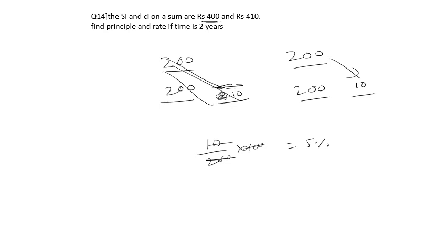Rate is 5%. If this is 5%, then principal would be 1 by 20 into this, which is equal to 4,000, because this is 1 by 20 into 200, that is 4,000. So this is the answer. A simple oral question, guys.